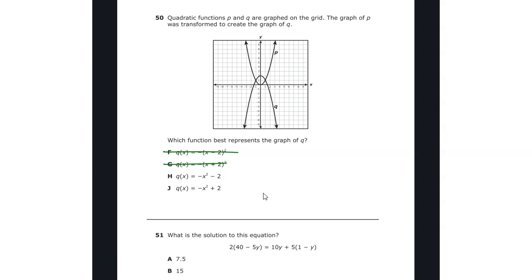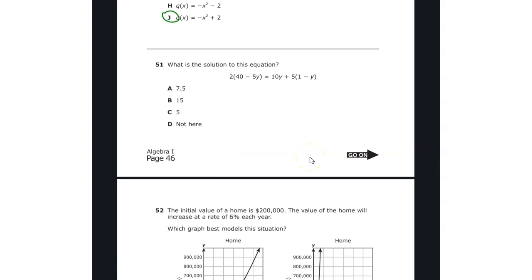What is the solution to this equation? So let's go ahead and distribute. So we have 80 minus 10y equal to 10y plus 5 minus 5y. So let's go ahead and group common terms together. 80 minus 10y equal to 5y plus 5.